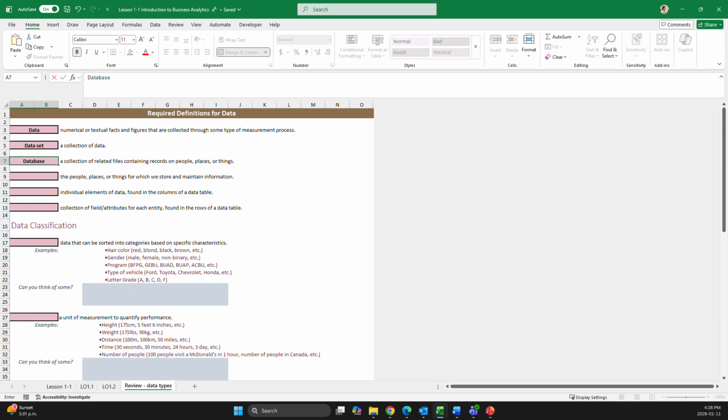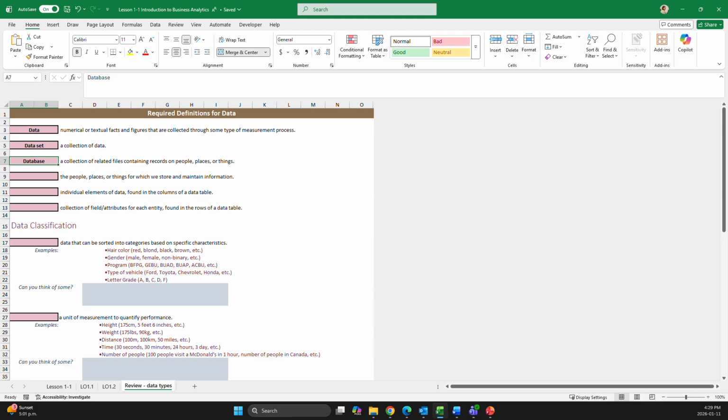We call a database a collection of related files containing records on people, places, and things. For this, think about a human resources department, even the human resources department at Cambrian College. They would have multiple files related to one person. So for one employee, they might have personal information, like emergency contacts and their social insurance number.